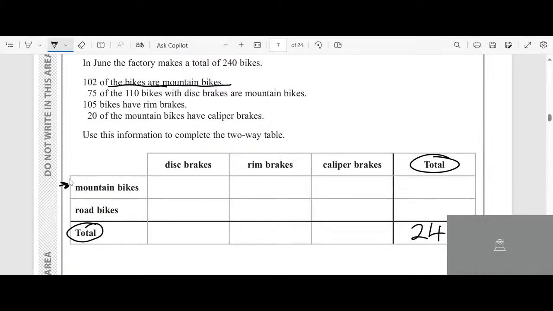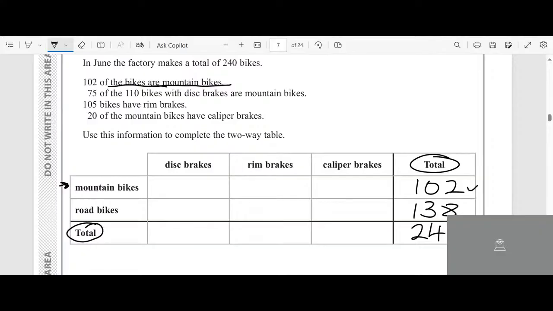Out of these 240, 102 are mountain. That's why I write it under this column for the mountain. So it means that automatically I can find the road bikes, because if all of them are 240 and we have mountain bikes as 102, we'll just say 240, we subtract 102 to get 138 for the road bikes. These ones have not been introduced under the statements, but we have to work it alongside as we proceed.